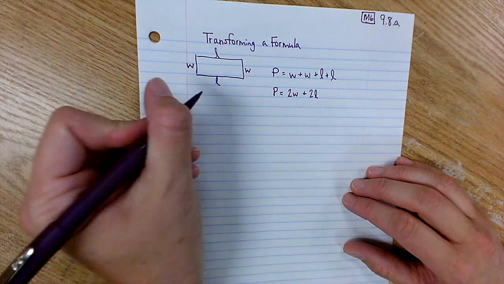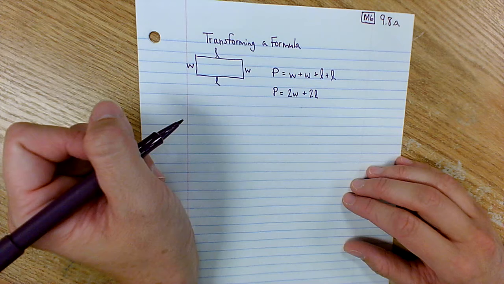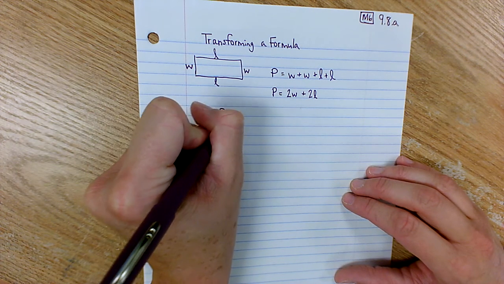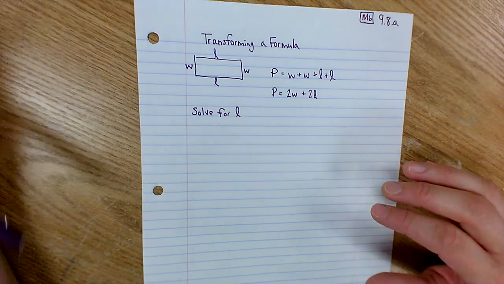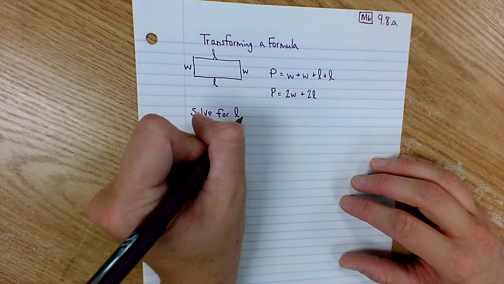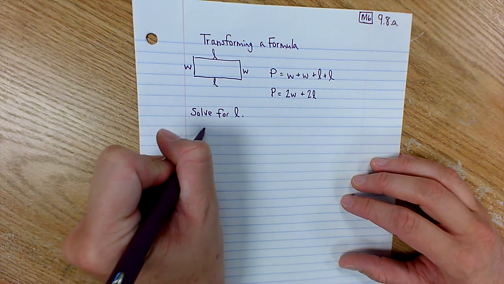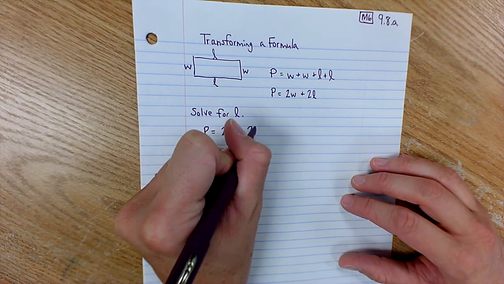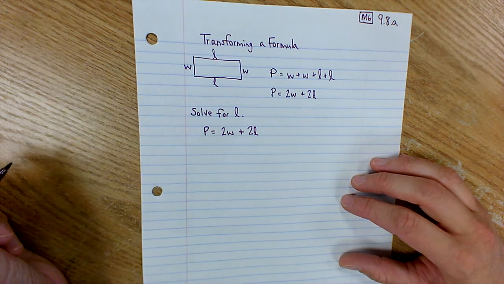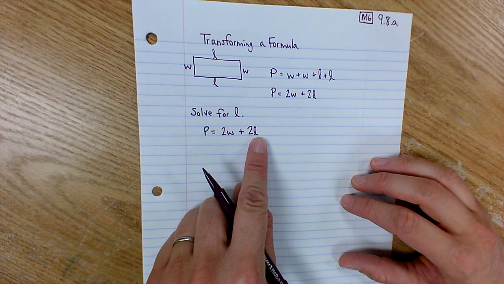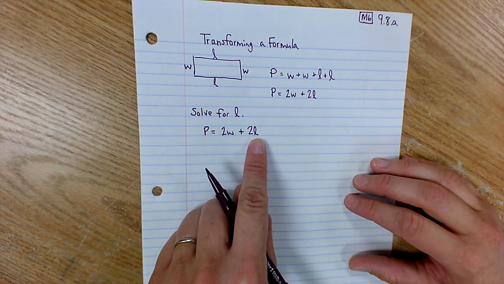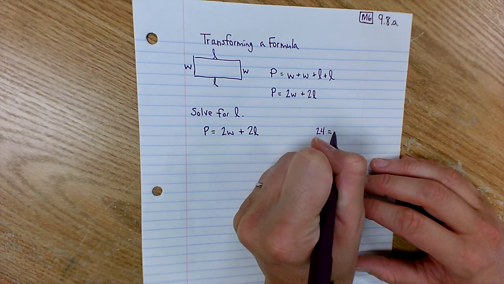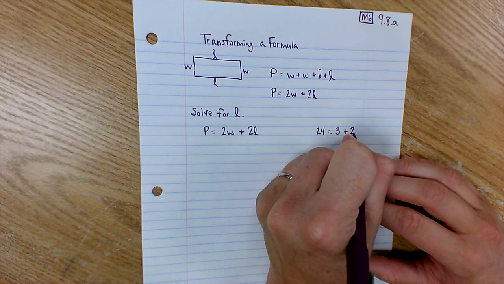I could ask you to take that formula and say solve for L, okay? Let me show what I mean by that. If I have perimeter equals this, to solve for L, I'm going to try to get the L by itself. This is the same as when we were doing something like 24 equals 3 plus 2x.